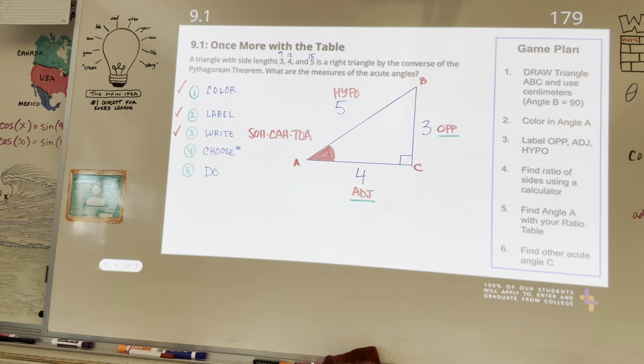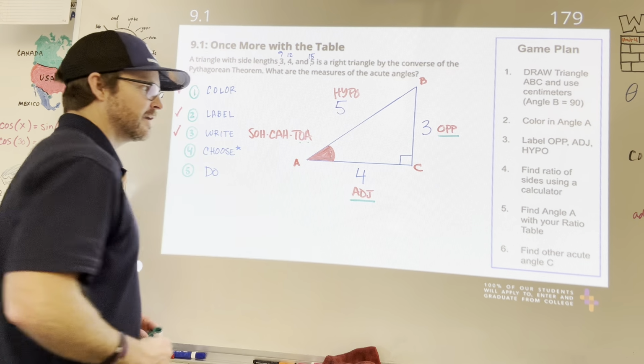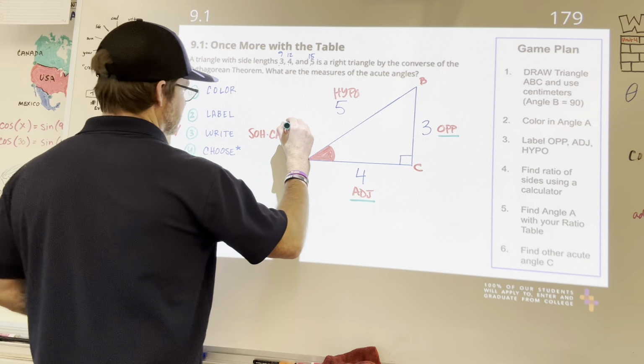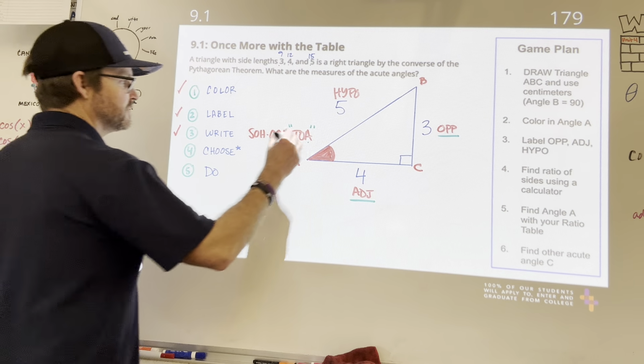You could have gone op hypo, you could have gone adjacent hypo, but anyway, I'm gonna go op adjacent. I'm looking for the O and the A, and there it is. TOA is the only one that has the O and the A. So why don't we just circle TOA?